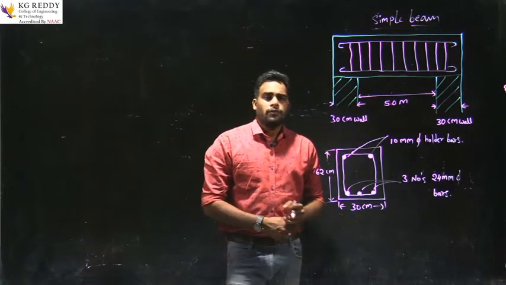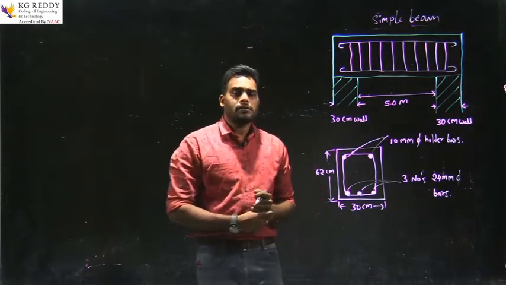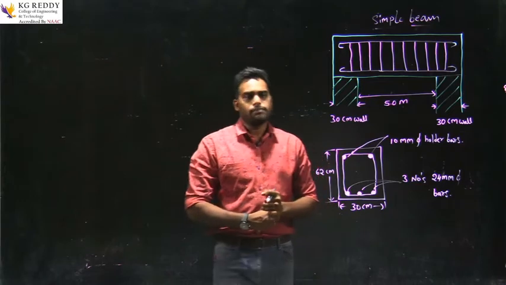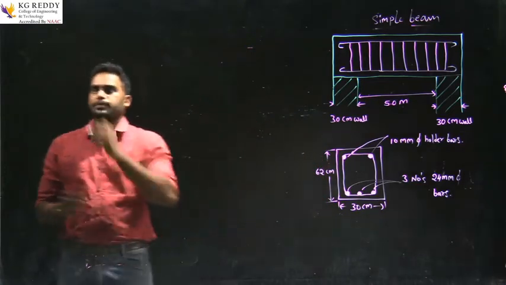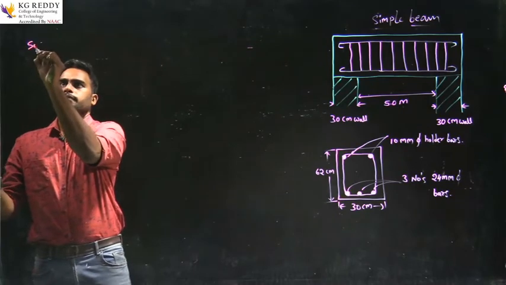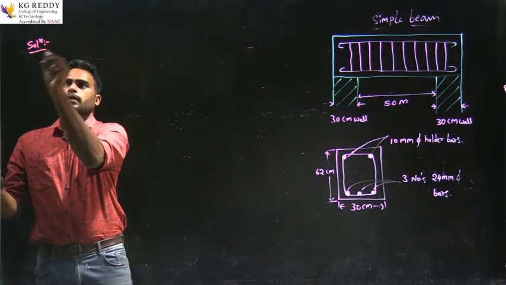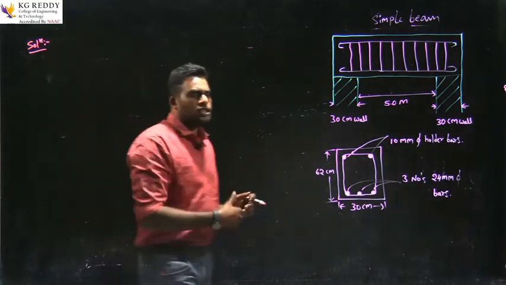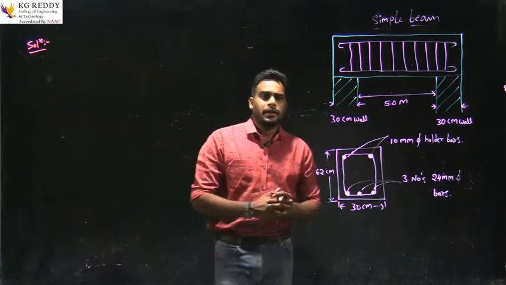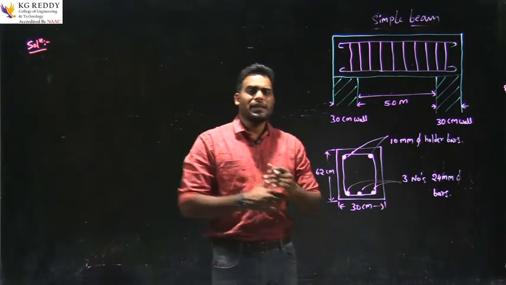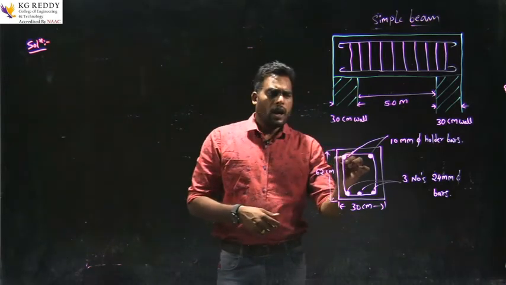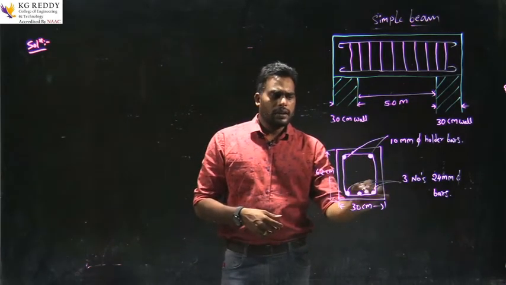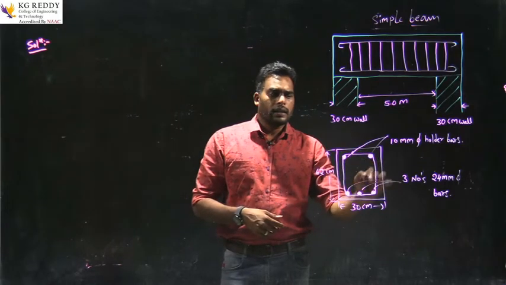So now we need to calculate the quantities of reinforcement in a simple beam. Now we will start the solution. In this question, he did not mention end cover. So what is the meaning of end cover or clear cover? Up to here we used the reinforcement of the beam.